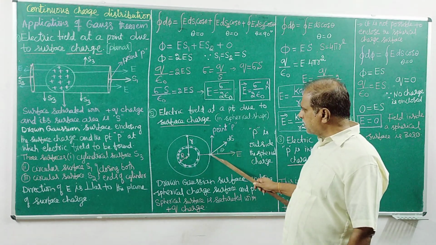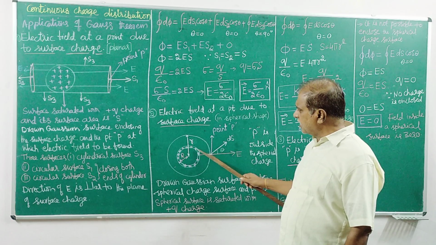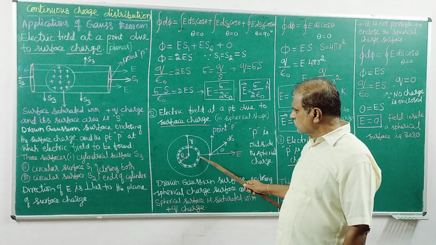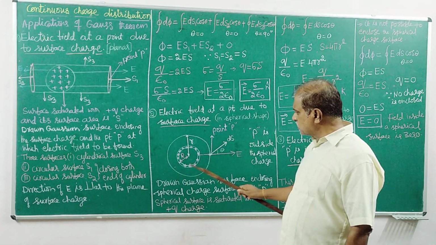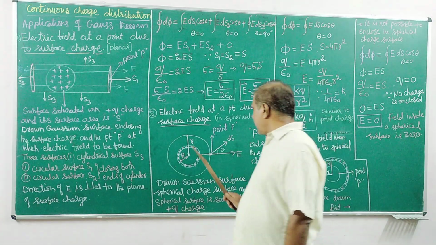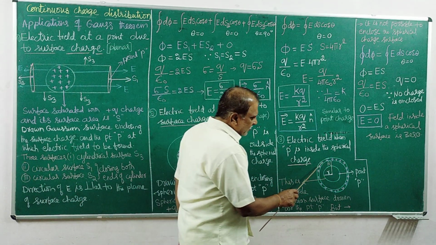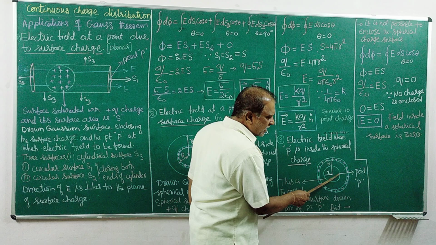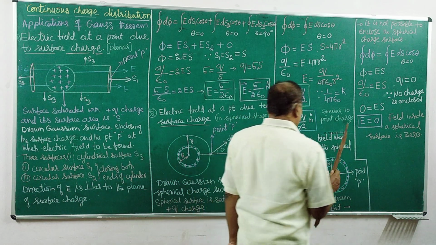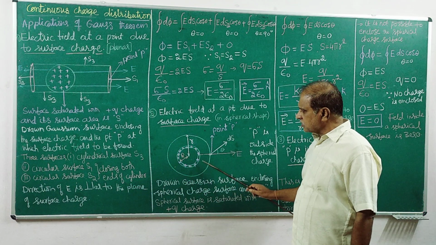A point we can place here, outside the spherical surface charge. And one more diagram, the same diagram: a spherical surface with charges distributed, but the point I have taken inside the sphere. That is the only difference.